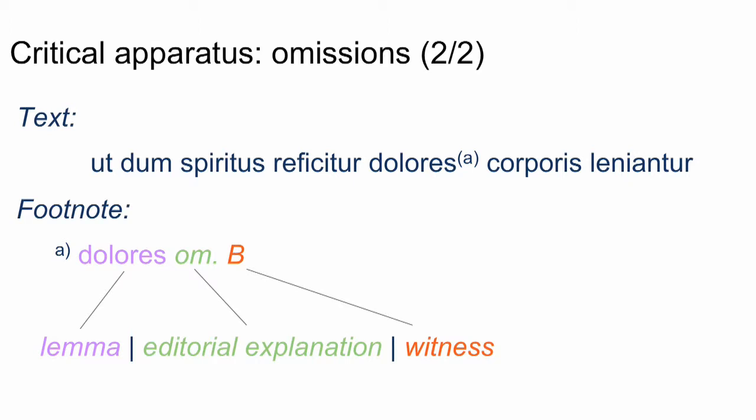Same text in the main page, and you would have a footnote just where the word "dolores" is, indicating that the lemma "dolores" has been omitted, with some kind of abbreviation for omitted, in manuscript B. And note that part of the traditional conventions of critical editions mean that everything that's not from a witness, from a manuscript, is in italics.